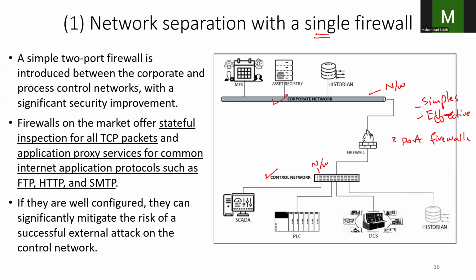Now, if we look at what is available in the market, the modern firewalls mainly offer two main functions. Number one is stateful inspection, which means they track the state of TCP connections.